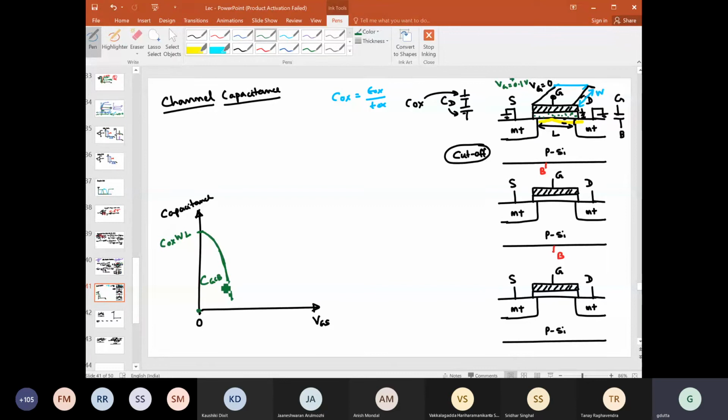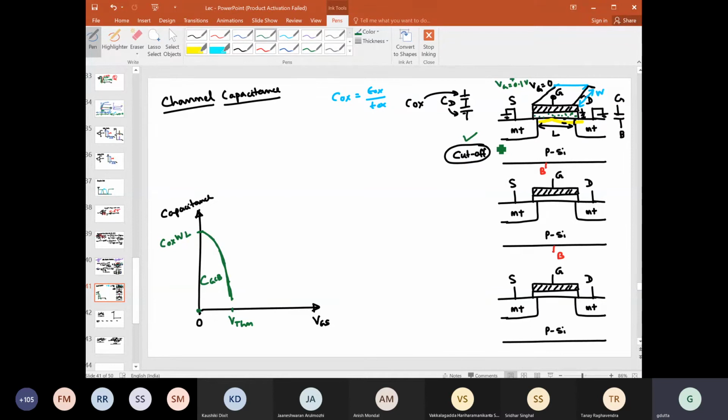So the gate to body capacitance due to the channel part will fall as you change the gate voltage from 0 towards the threshold voltage. Suppose this is VTHN, the n-channel threshold voltage, right? It will do that. Fine.